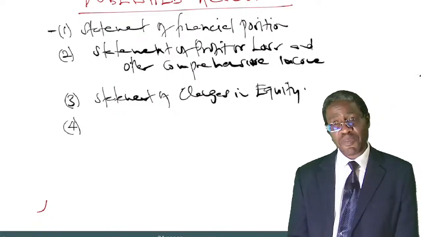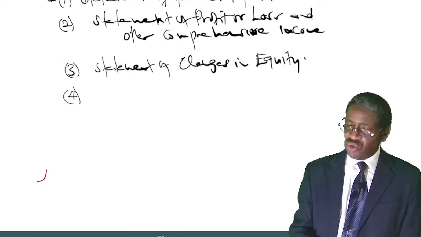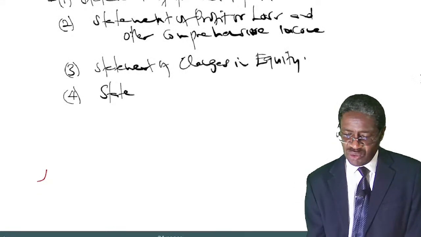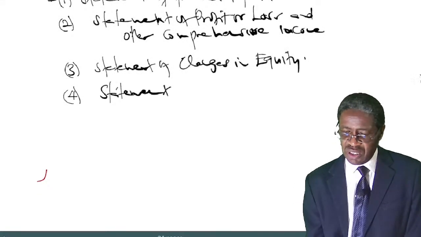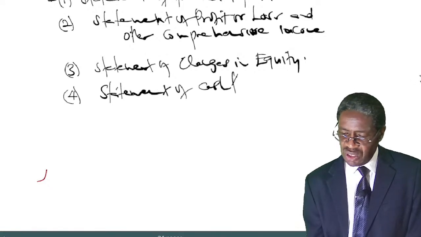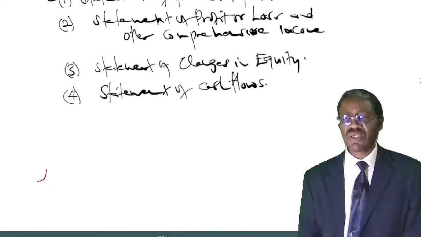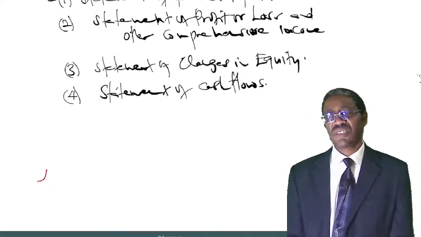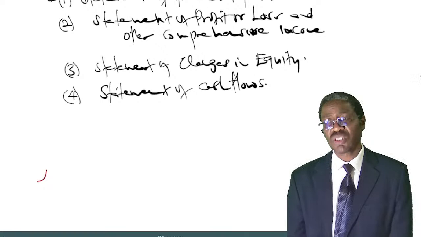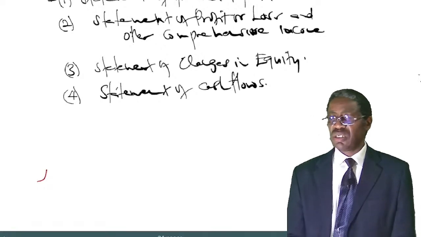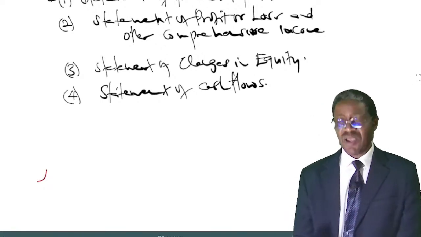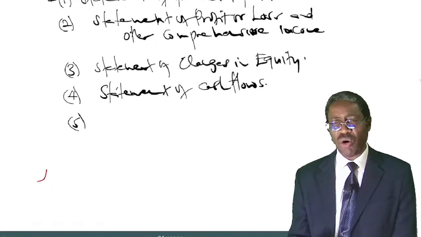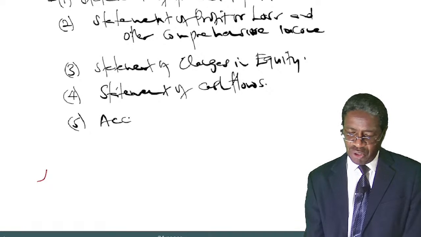Number four, another thing you are required to include in your complete set of financial statements is what we call a statement of cash flows. Of course, in your financial accounting, you did cash flow statements. The same, you should include that statement of cash flows. Another component you should include is what we call accounting policies.